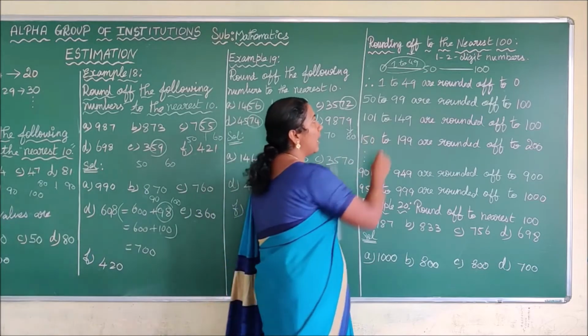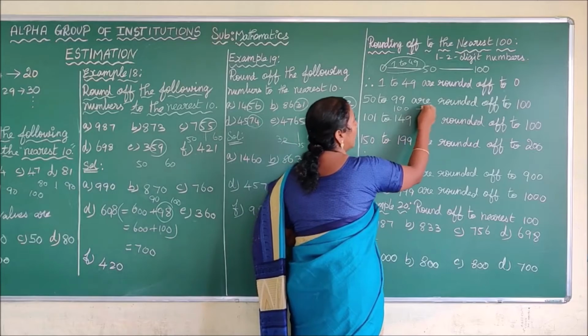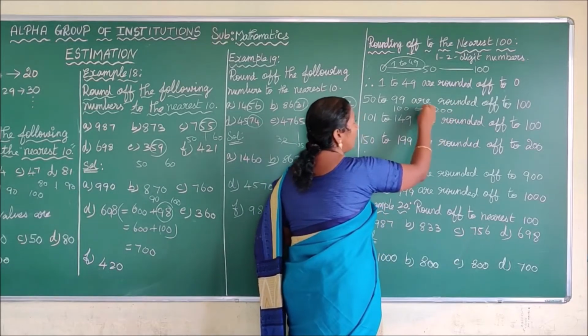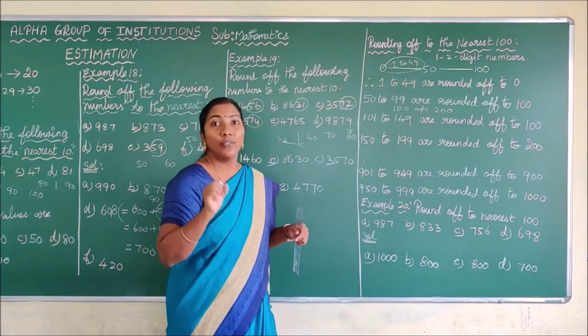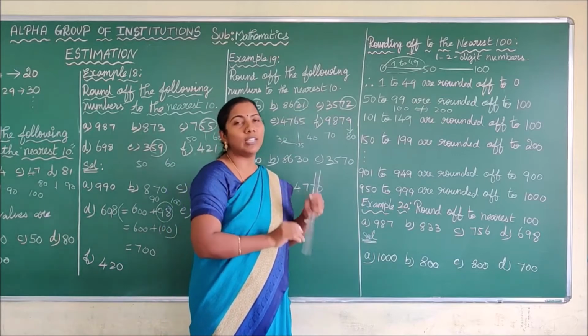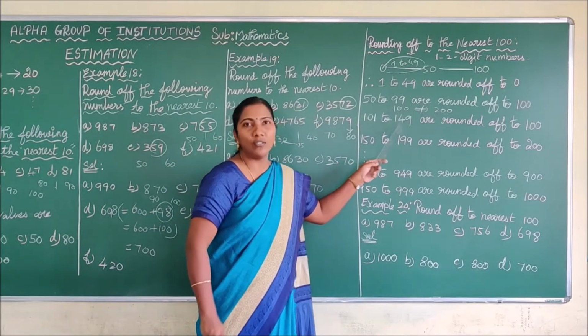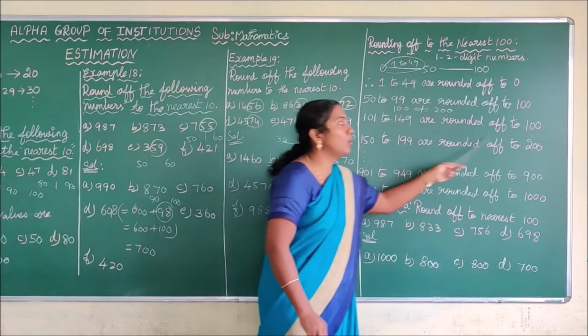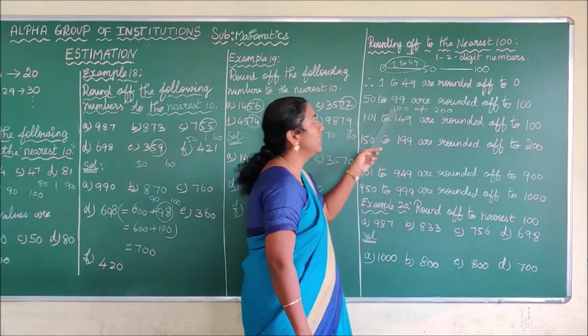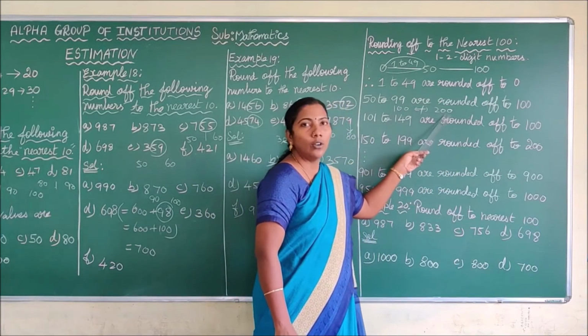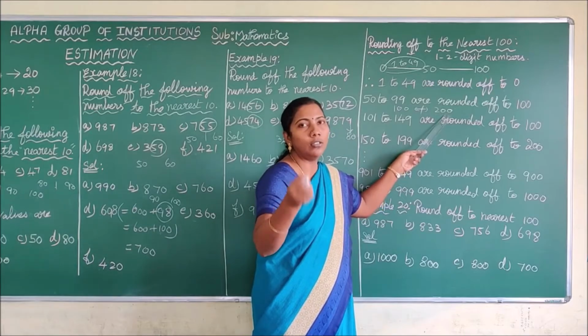Next I consider 100 to 200. Which is the middle number? 150. So before 150, that is 101 to 149, are rounded off to 100. The extreme values here are 100 and 200. For the nearest 10 we took 10 to 20, 20 to 30, 30 to 40.